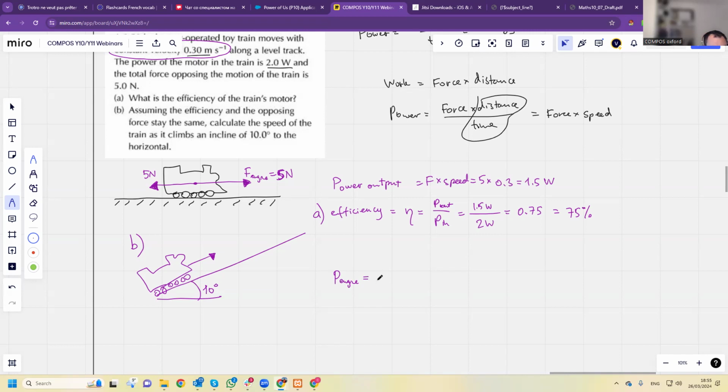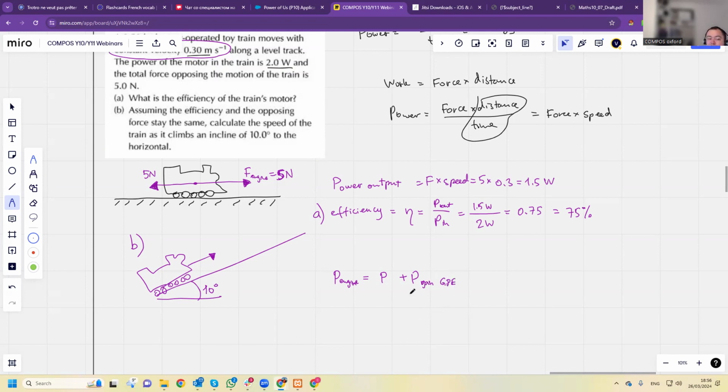So the power of the engine is the power that you need to move plus the power that you need to gain gravitational potential energy.